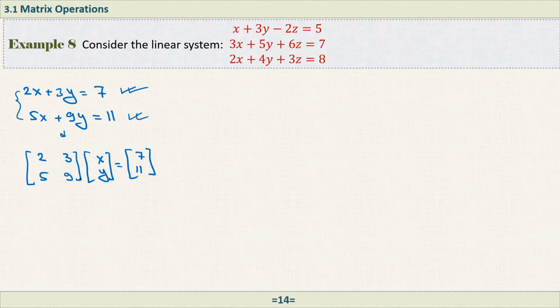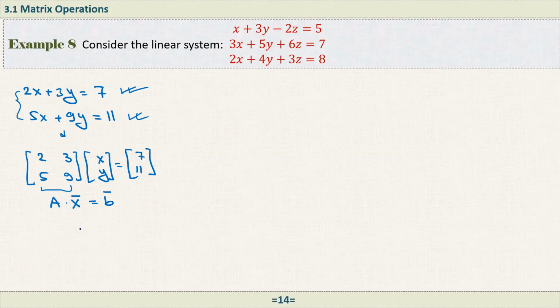Now, if I label this matrix, our coefficient matrix, by A, and this unknown by X, it's a vector. And on the right-hand side, let's denote this by B. It's also a vector, right?